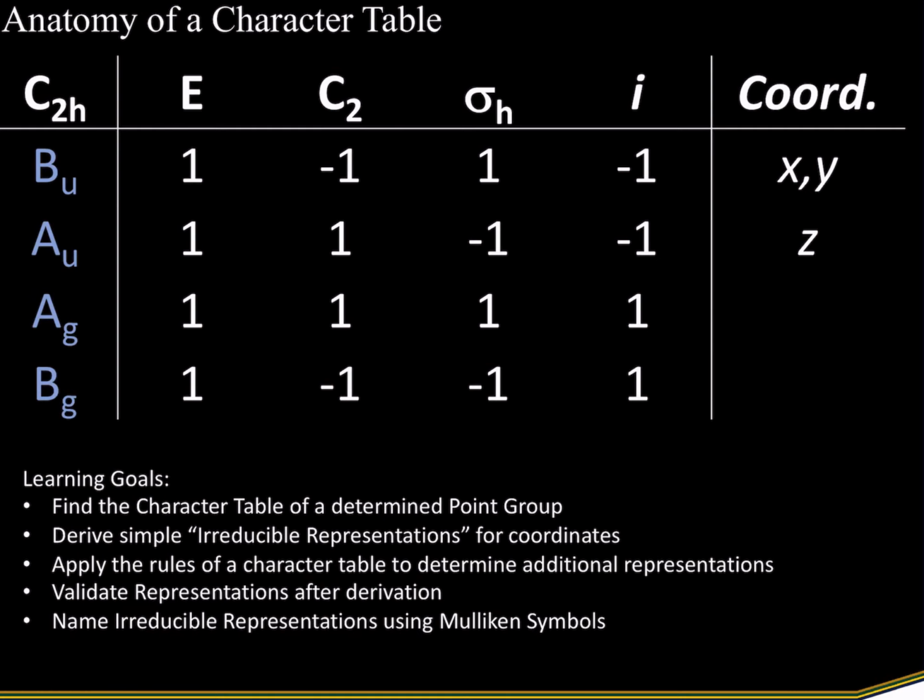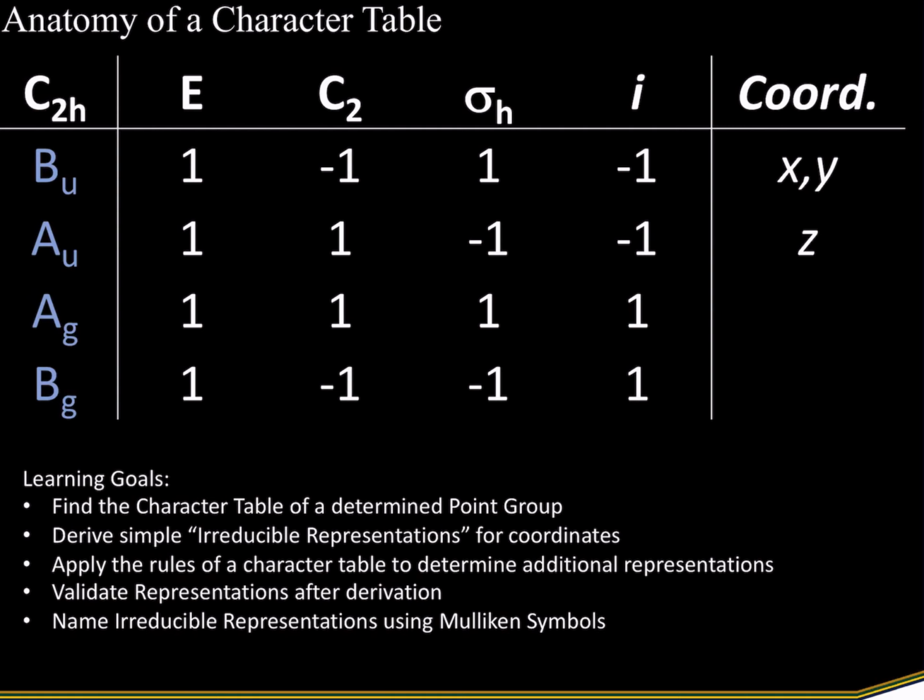We can also validate these, right? They must be orthogonal, which is where we compare two lines on our character table. And they must also equal the order when we square the character and multiply it by the class order. So there's a little bit more math involved here than we might be used to seeing. We can also talk about how we can name these irreducible representations using these Mulliken symbols.